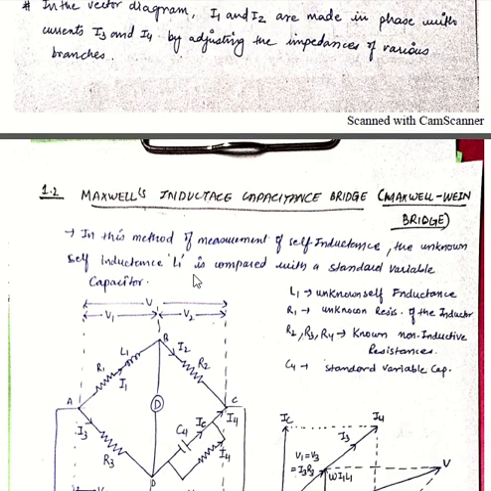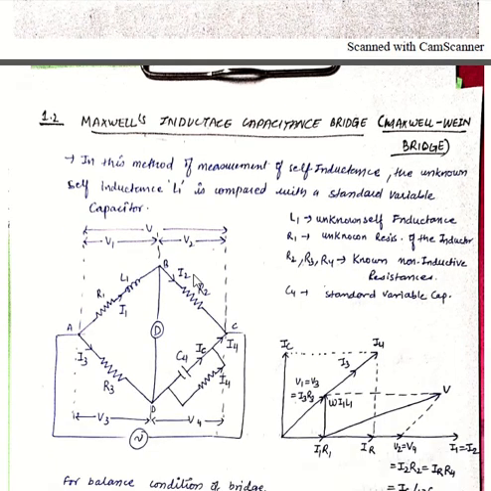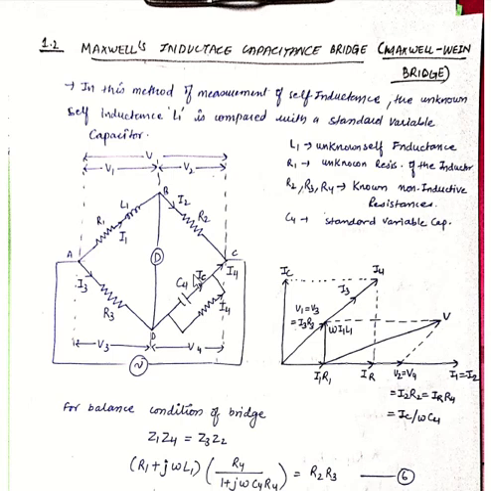Now coming to Maxwell inductance capacitance bridge, that is Maxwell-Wien bridge. In this AC bridge, we have just replaced R4 with our standard capacitor. In this diagram, we have R1 and L1 as our unknown quantities.